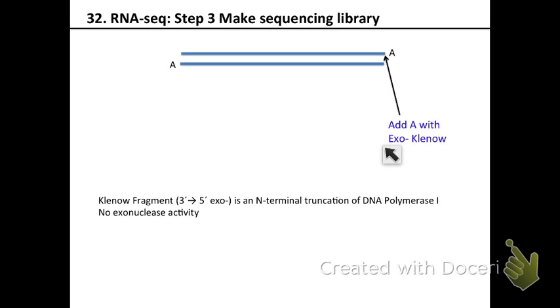To add this, we use an enzyme called exo-Klenow. Klenow fragment, exo-minus, is a mutant, truncated version of DNA polymerase 1 in which the 3' to 5' exonuclease activity is removed, so that when it adds this extra A, it doesn't go back and chew on it. It adds it and then stops, so it has no exonuclease activity to remove this little overhang.